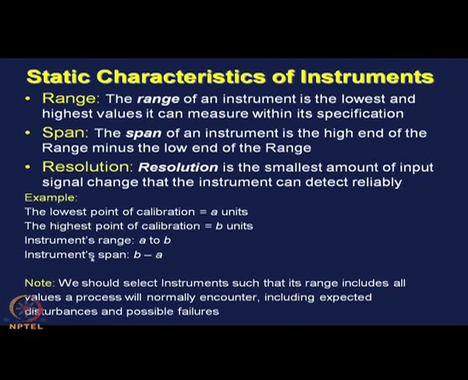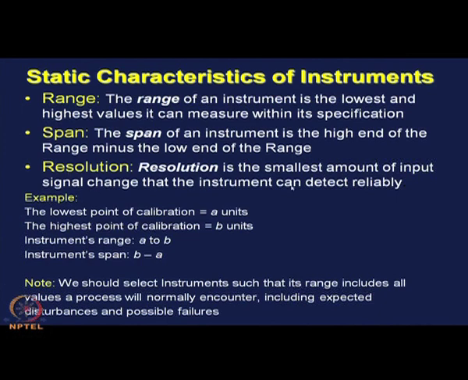So, if I have an instrument where the lowest point of calibration is A units and the highest point of calibration is B units, then the instrument's range is A to B, and the instrument span is B minus A. So, highest point of calibration minus lowest point of calibration.